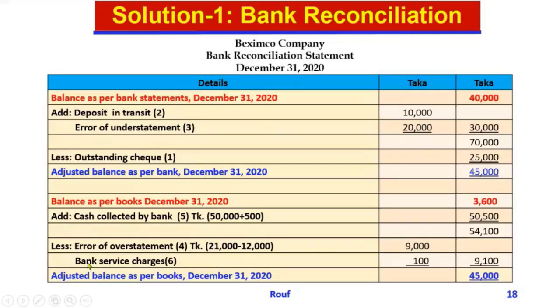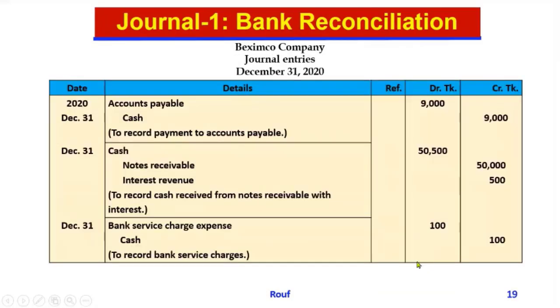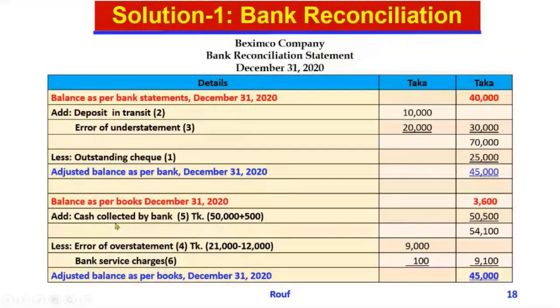And another item, bank service charge 100. The bank service charge debit, cash credit. This is the less item, that was the plus item. And another one is a less item, error of understatement.